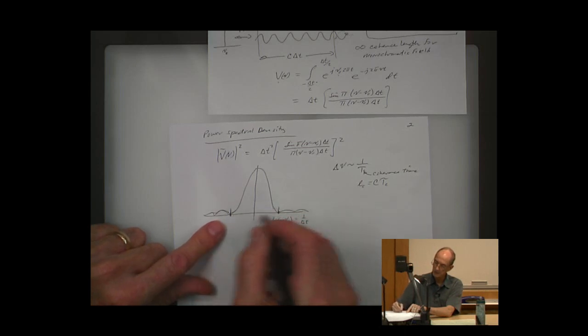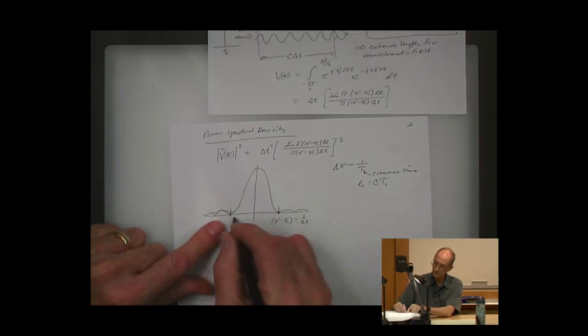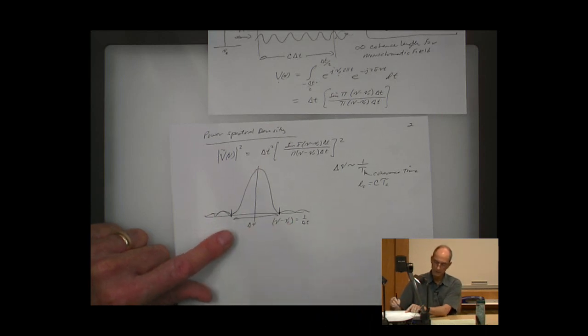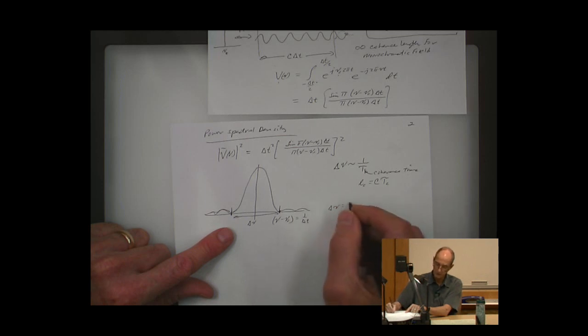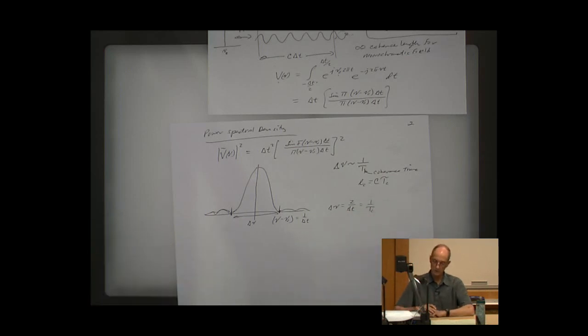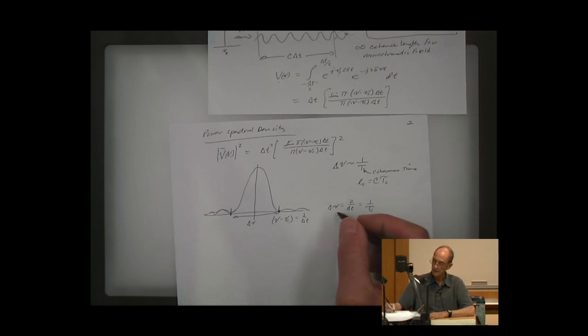If we take this as our delta nu, then our delta nu is just equal to 2 over delta t, and we can say that's related to our coherence time. Notice, the broader this spectrum is, the shorter the coherence time is.